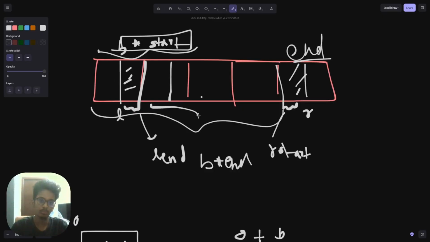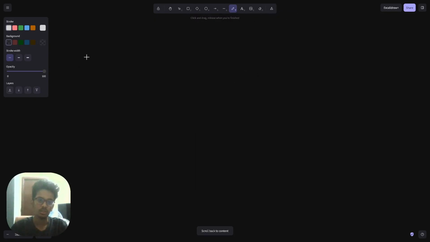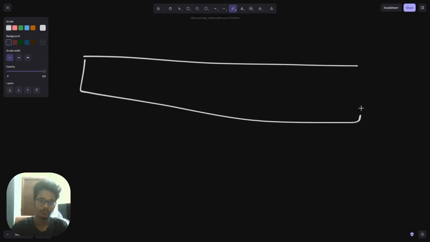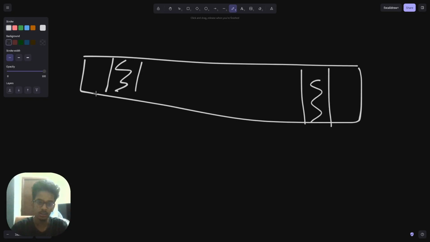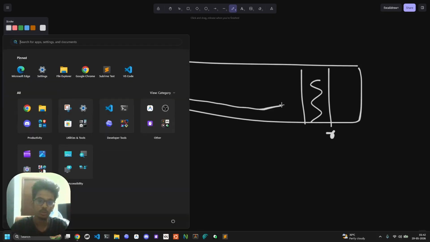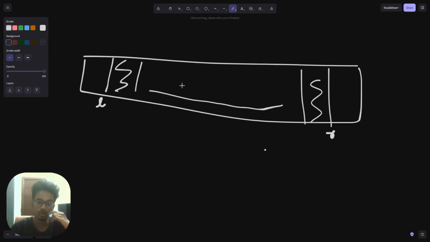Now what about the blocks in between? So what we have done is, there was a partial block here. We have computed this part, because L started from here and R ended here. What about the blocks in between? I already told you we are not going to compute things for this.